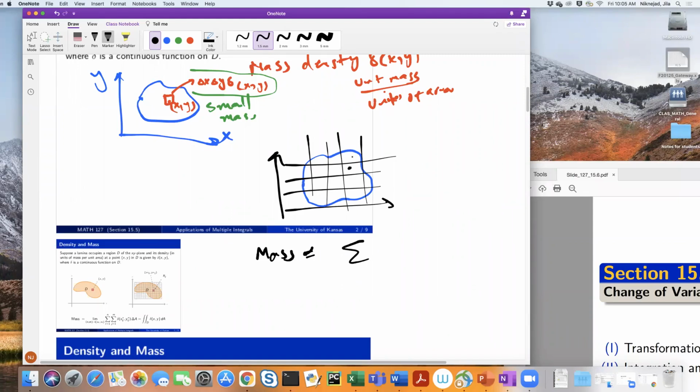And so here you want to have a point. If you remember, it's a sample point.